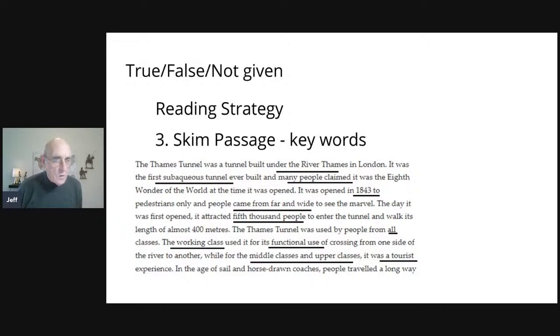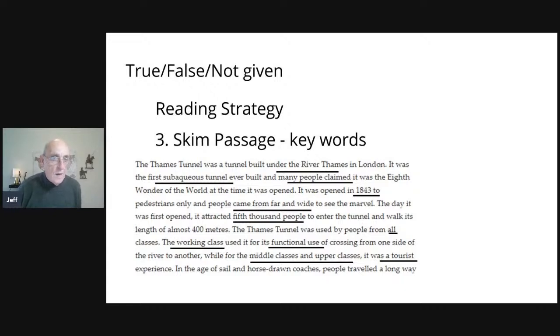So as I go through this passage, I'm going in the first line. You'll notice I underlined the River Thames. Remember, in the questions, in the first one, I underlined a river. So even now, I probably already have found the location for the answer to the first question.